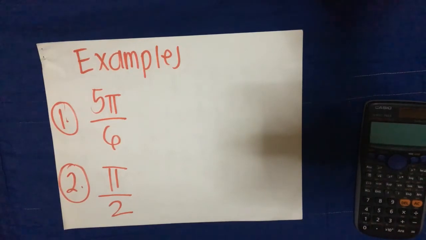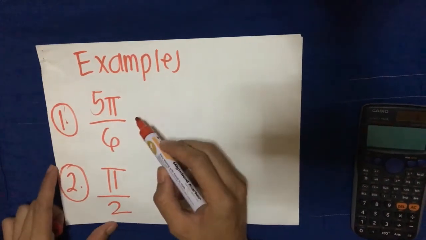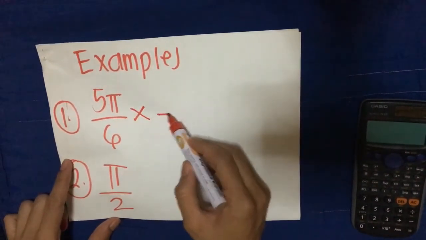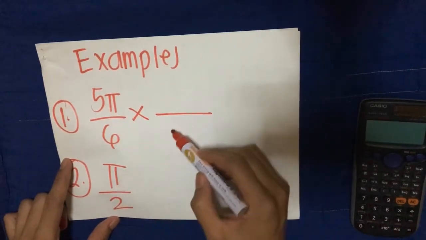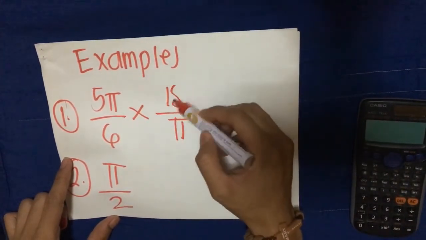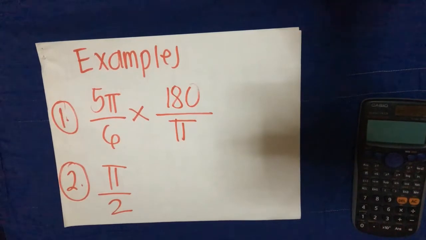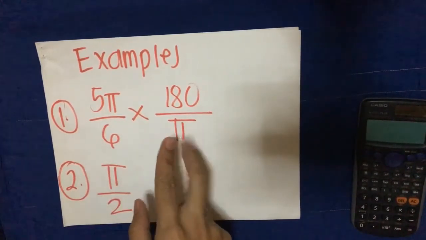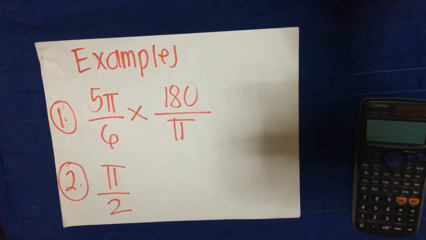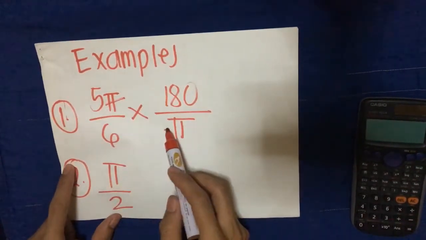As you can observe, the given are radians. Therefore, I have to multiply this by 180 over pi, in order for me to cancel the pi. Again, in converting radians to degrees, it is 180 over pi. Obviously, we are able to cancel pi.